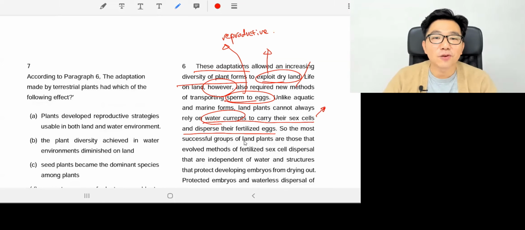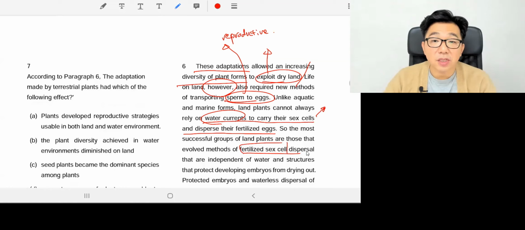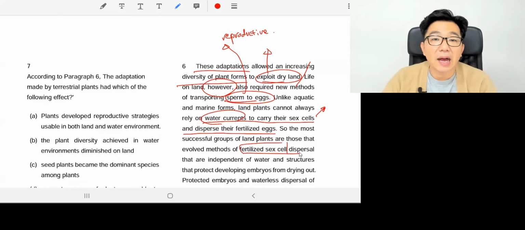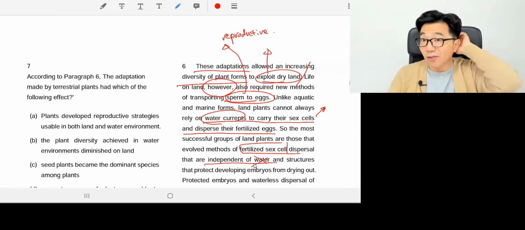So the most successful groups of land plants are those that evolved adapted methods of dispersal of fertilized sex cells that are independent of water. Of course, there is no water; we are not underwater.